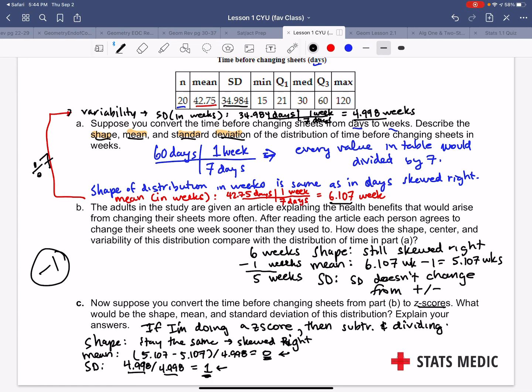And again, last thing, all standardized distributions have a mean of 0 and a standard deviation of 1. That's why we're able to use a standard normal table.